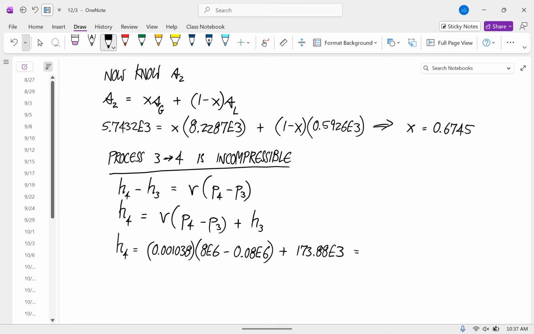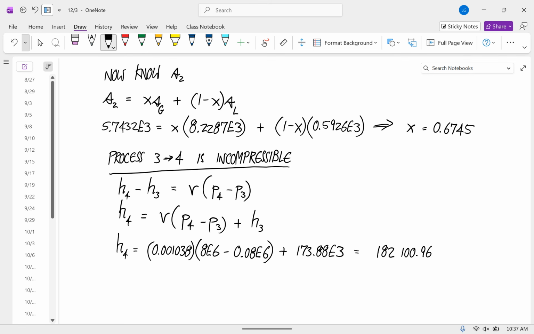And so I get 182,000 100.96. If you would have used 0.001 as an approximation, you would have gotten 181,872.